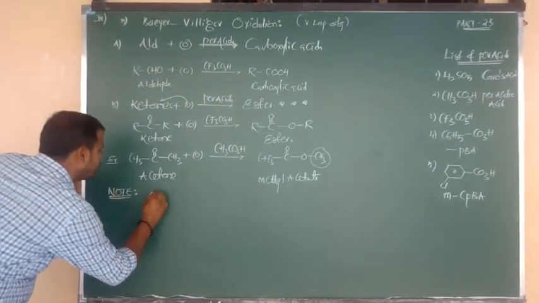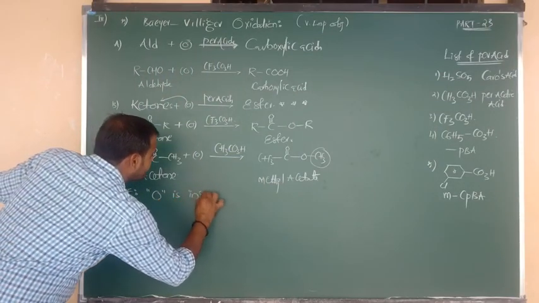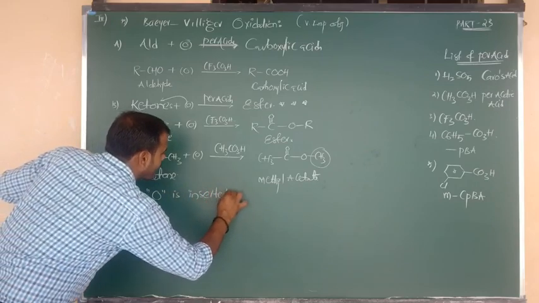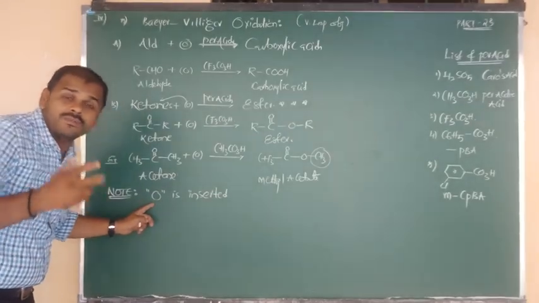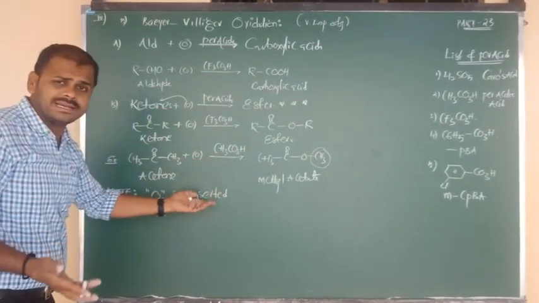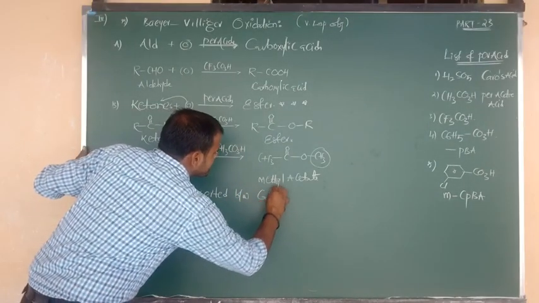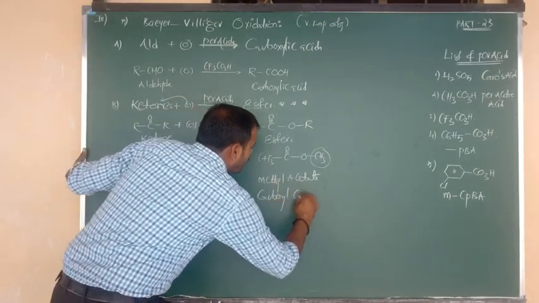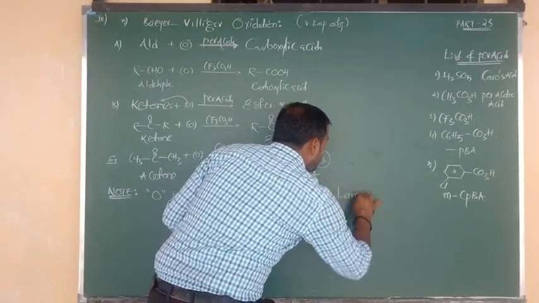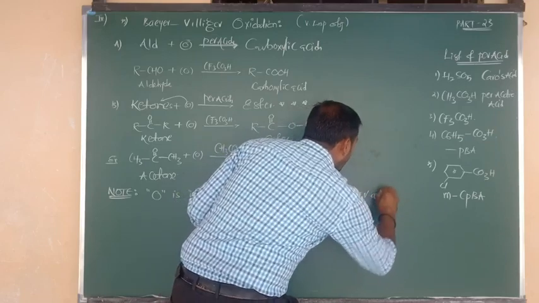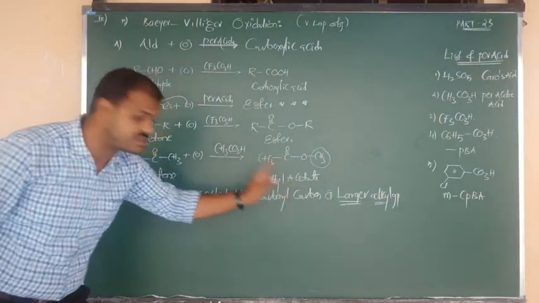The condition is that the oxygen atom is inserted, and that oxygen atom comes from the per acids. So oxygen is inserted between the carbonyl carbon and the larger alkyl group. This is the condition. Focus on the larger alkyl group.